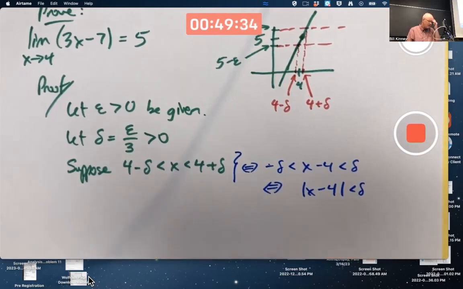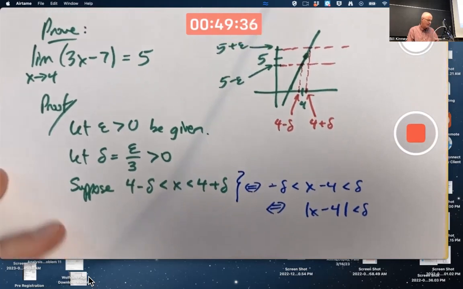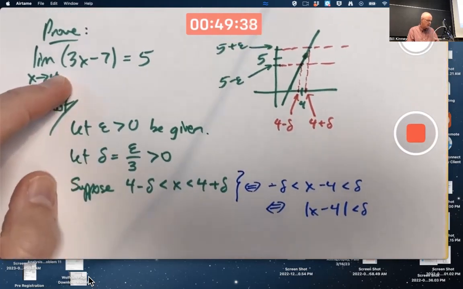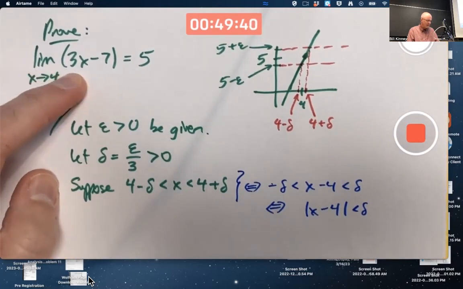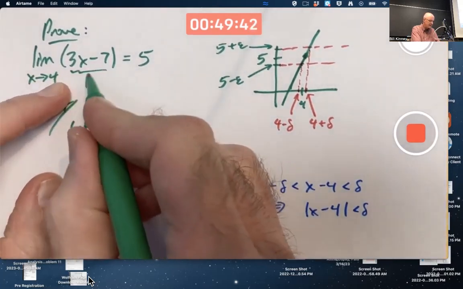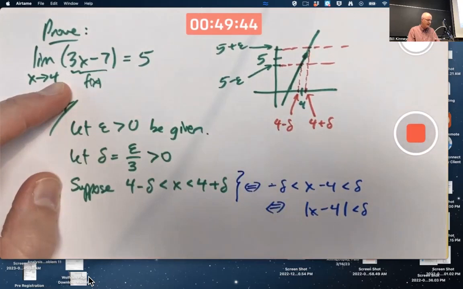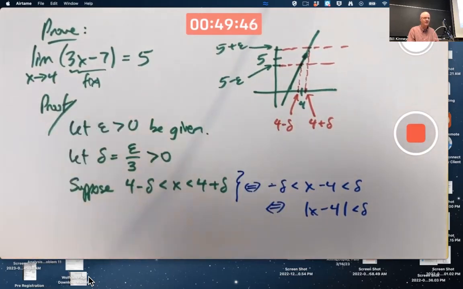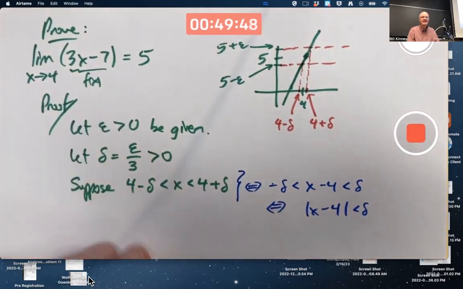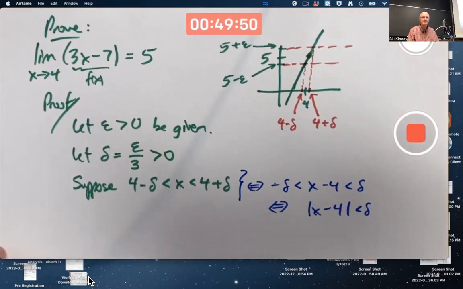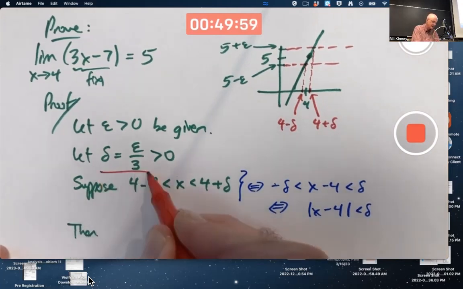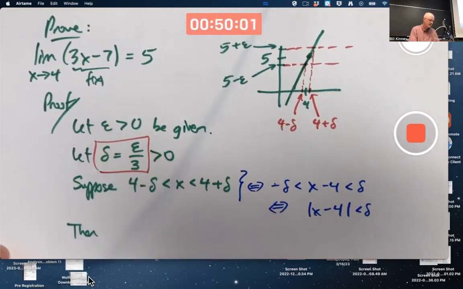What do you want to do? You want to show that the output of the function, f of x here, is within epsilon of 5, between 5 minus epsilon and 5 plus epsilon. How do you do that? Well, one thing you can do is replace delta with what it equals, epsilon over 3.